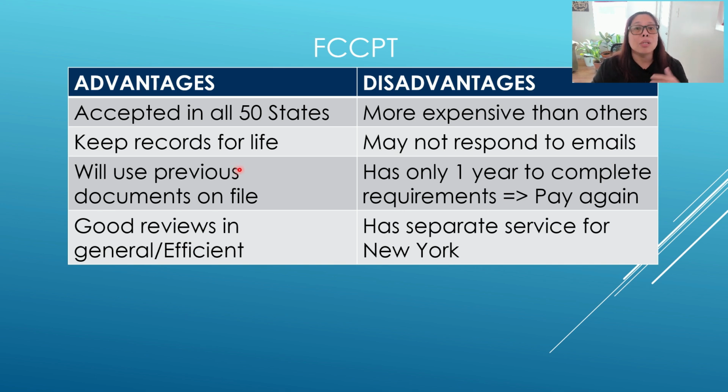You don't have to request your school to submit documents again, pay your school again, and pay the courier again to submit documents to FCCPT, unless, of course, they ask for more documents. So those are advantages, and that's why they are expensive.